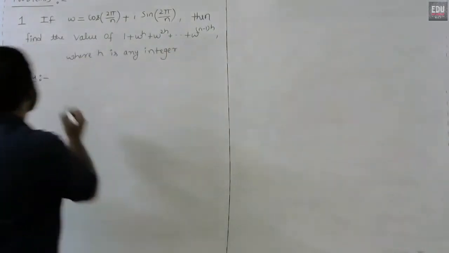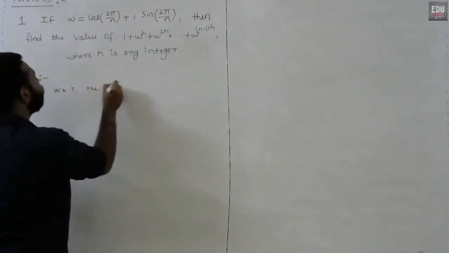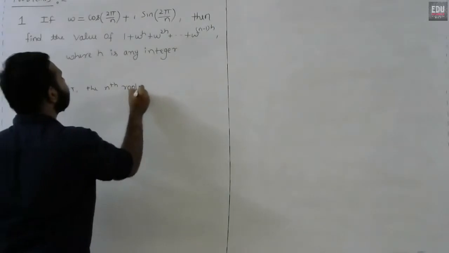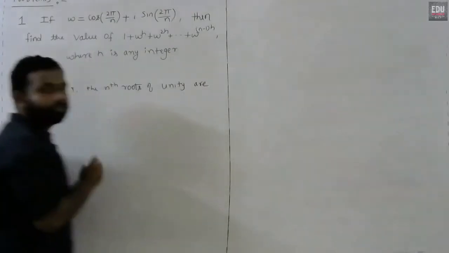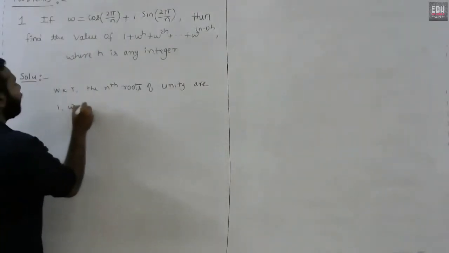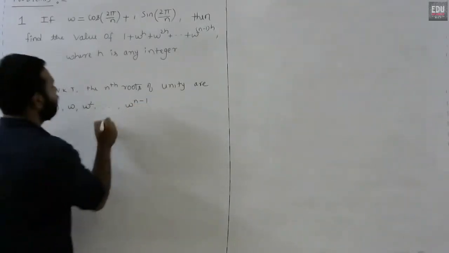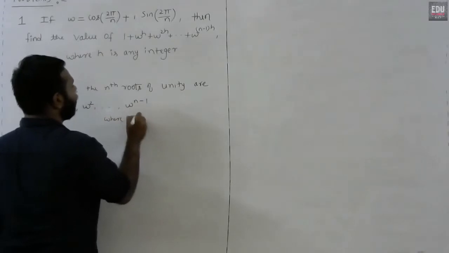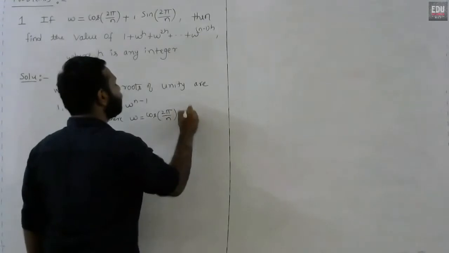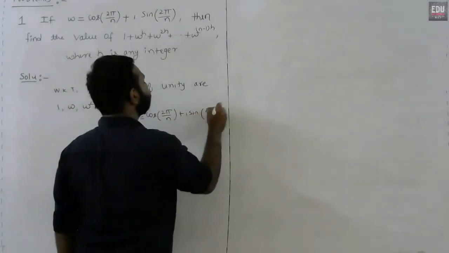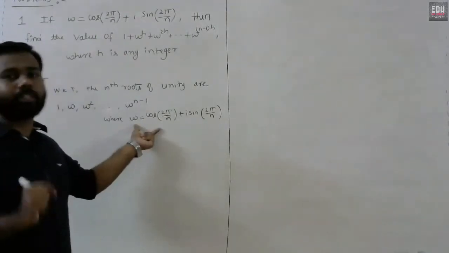We know that the nth roots of unity are 1, omega, omega square, up to omega power n minus 1, where omega is cos 2 pi by n plus i sin 2 pi by n. So this was the fact which we have proved in the previous session.